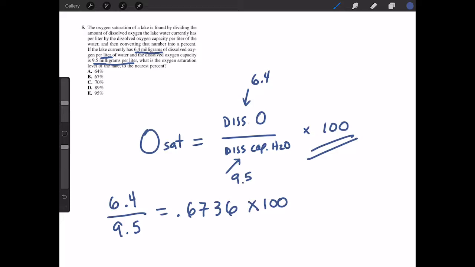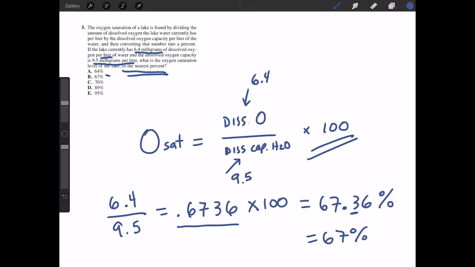I need to multiply times 100 to convert this into a percentage. Percent per 100, which means times 100. That simply means 67.36%. Now, the problem wants us to round to the nearest percent. So because it's 67.3, this is less than 5, so we get rid of that, and it simply becomes 67%, which is choice B.